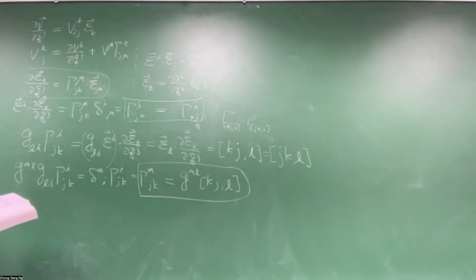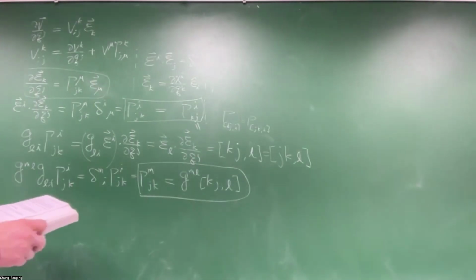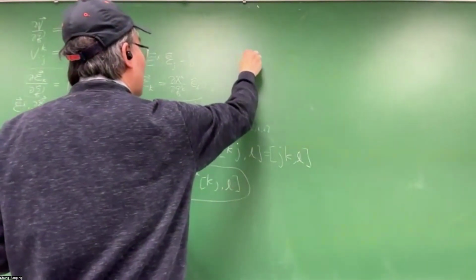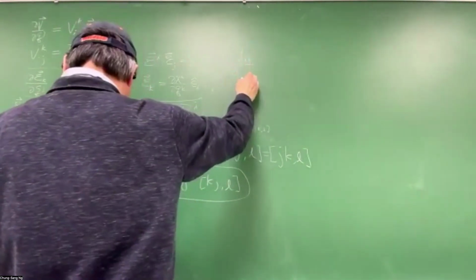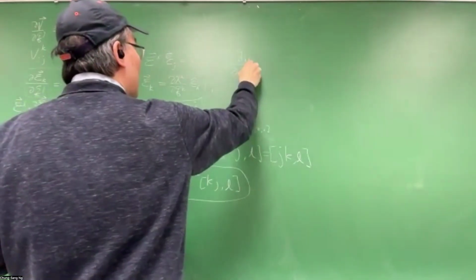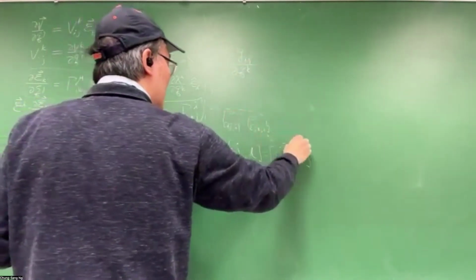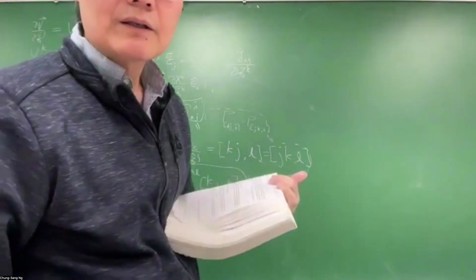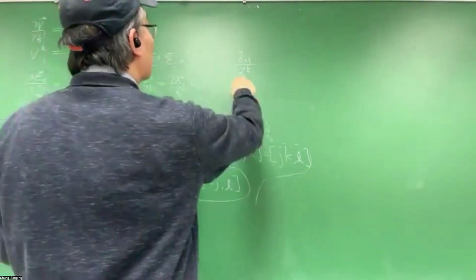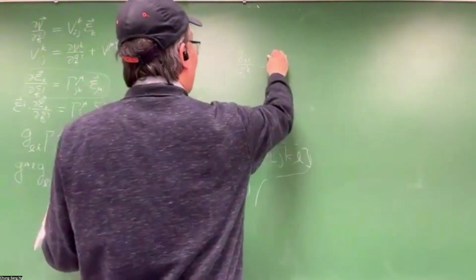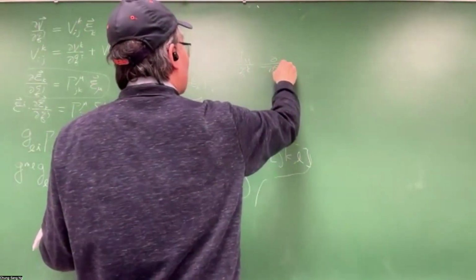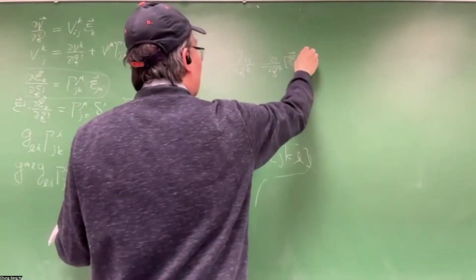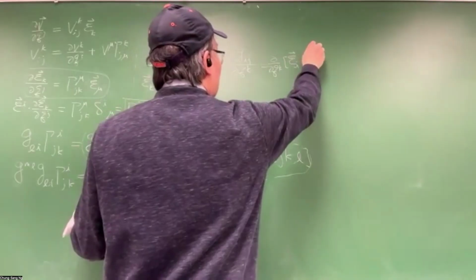Let's use the textbook's way of writing it, the partial derivative of G, which is epsilon I dot epsilon J.